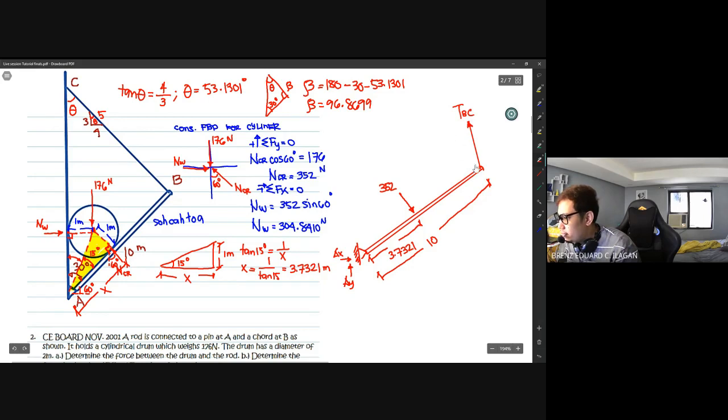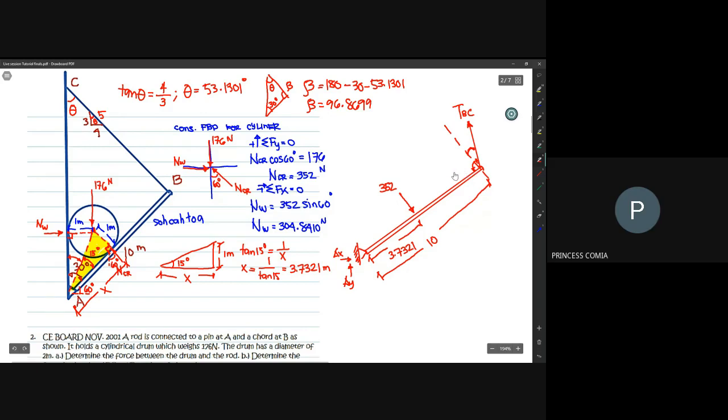Kung saan, yung angle na yan is 96.8699. So, makukuha natin to. Paano makuha yung angle na yan? Di ba ito is 96.8699? Tama? Paano natin makukuha yung maliit na angle na yan?